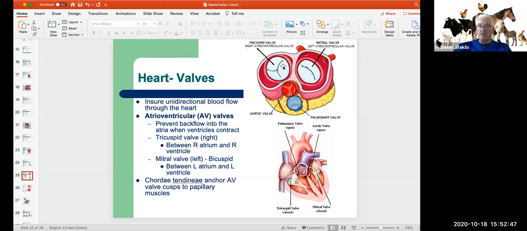Remember I mentioned that this is a tricuspid, three-cusped valve that separates the right atrium from the right ventricle, whereas it's a bicuspid, or two-cusp, valve that separates the left atrium from the left ventricle. Then you have the aortic valve and pulmonary valve. As I've mentioned, these are crucial for making sure that things stay well separated, with no backflow happening.